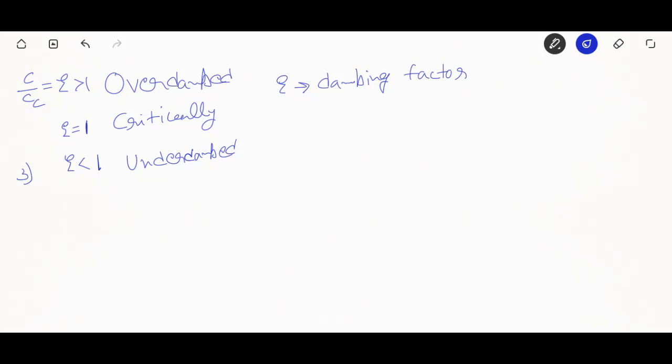So this differential equation will have the solution in the form x equal to a2, here the constant, e to the power minus xi omega n t, and this is sine of square root of 1 minus xi squared, omega n t plus phi.